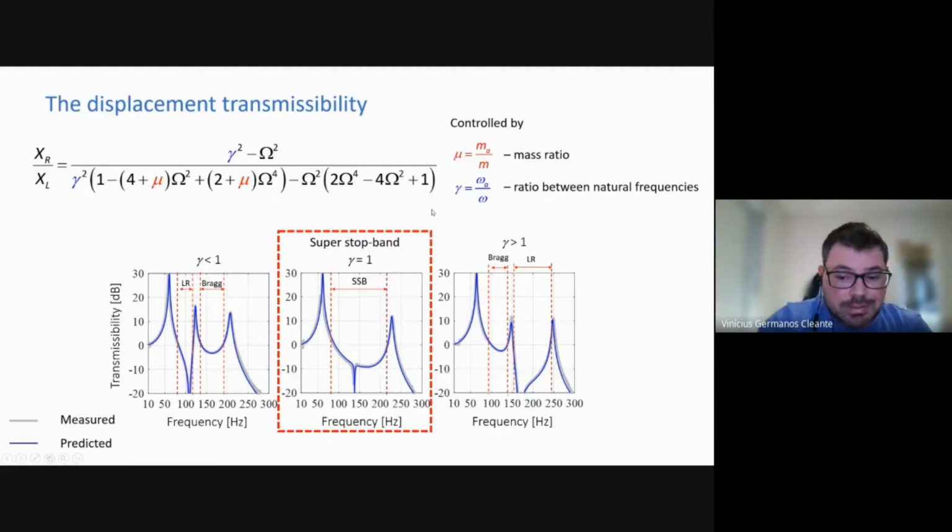When the tuning frequency is exactly equal to 1, the local resonance stop band combines with the Bragg stop band, creating the super stop band, which has a wide bandwidth with high attenuation at the minimum, at the central frequency. Go ahead, Paulo, please.